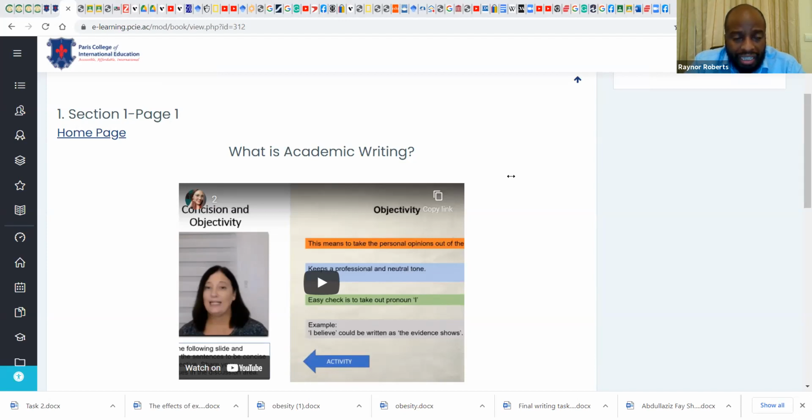That leads me to the next C, conciseness. We don't have to say things like, in my opinion, because that's just taking up the reader's time. In academic writing, you don't want to take up the reader's time. You want to be concise. Being concise means that, going back to number one, you must know what you are talking about. You have to have something to say.